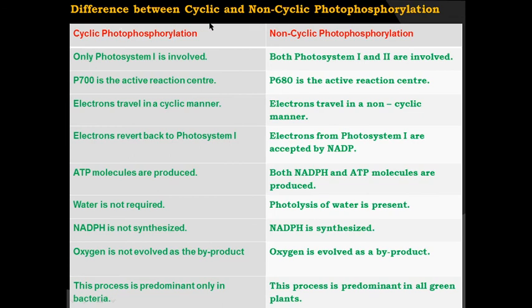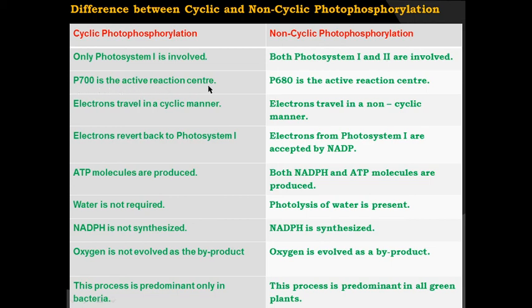What are the differences between cyclic and non-cyclic photophosphorylation? In cyclic photophosphorylation, only pigment system first is involved. Its reaction center is P700, and in non-cyclic photophosphorylation, both photosystem first and photosystem second are involved. The photosystem first reaction center is 700 and photosystem second's reaction center is 680.